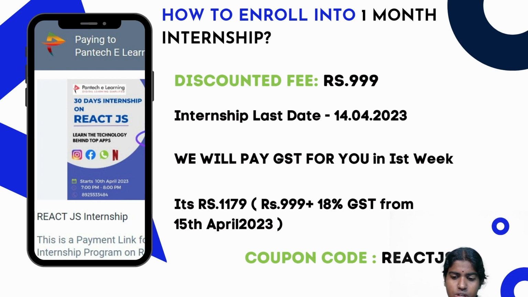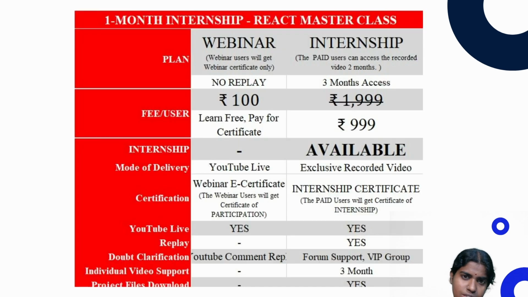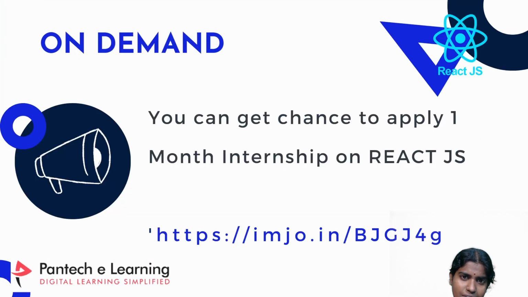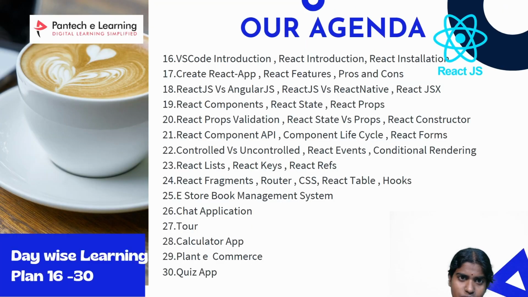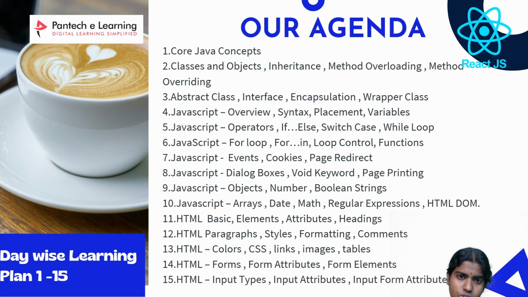Clear with this? So what we are going to see in this 30 days masterclass. Firstly, I gave you some intro to JavaScript: what do you mean by JavaScript, what the different types of operators and dialog boxes are. Then I gave you some introduction to HTML: what the different types of tags and attributes available in HTML are.